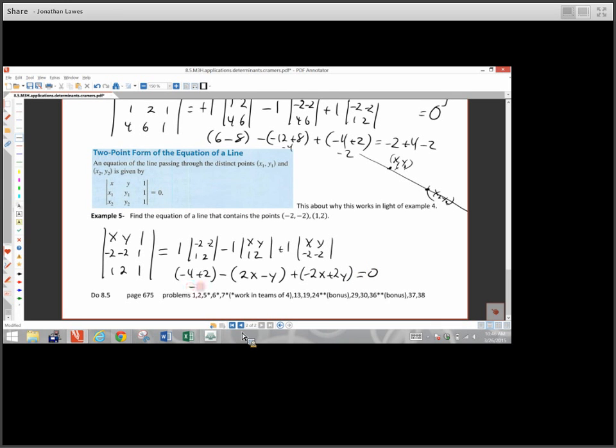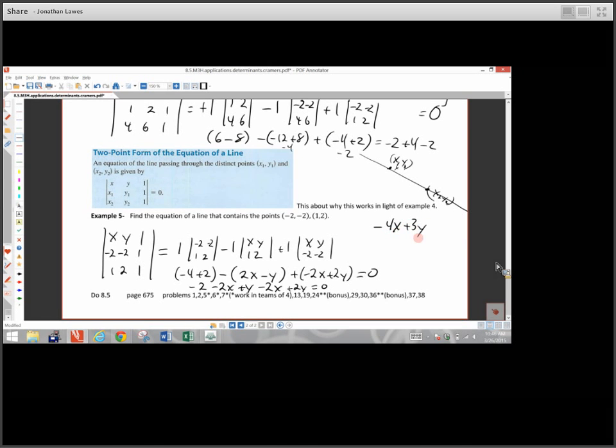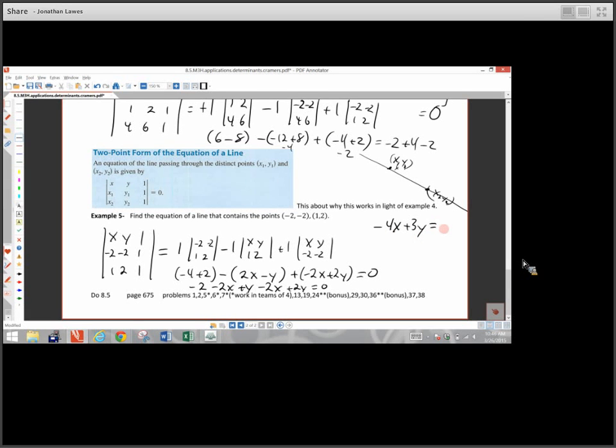I've got -2 minus 2x plus y minus 2x and then plus 2y equals 0. So if I put these together, I've got, correct me if I'm wrong, -4x plus 3y. And if I move the 2 to the other side, that's going to be a +2. Everybody okay with that? Is that right?